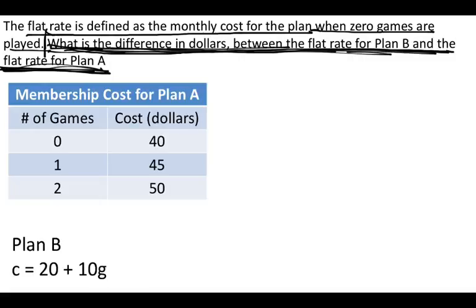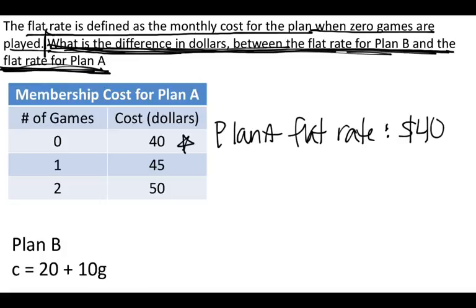Now again, the flat rate means when you've played no games, what did it cost you to join? So right here, Plan A flat rate is $40. At 0 games, you pay $40. Now, Plan B, you might not see it right away.